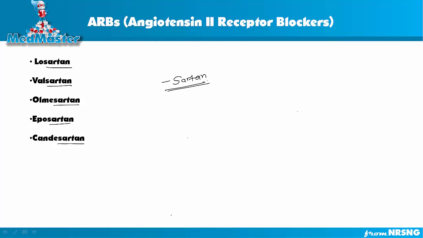So any drug that ends with sartan is an ARB, which is angiotensin receptor blockers. So a drug that ends with sartan is an ARB.